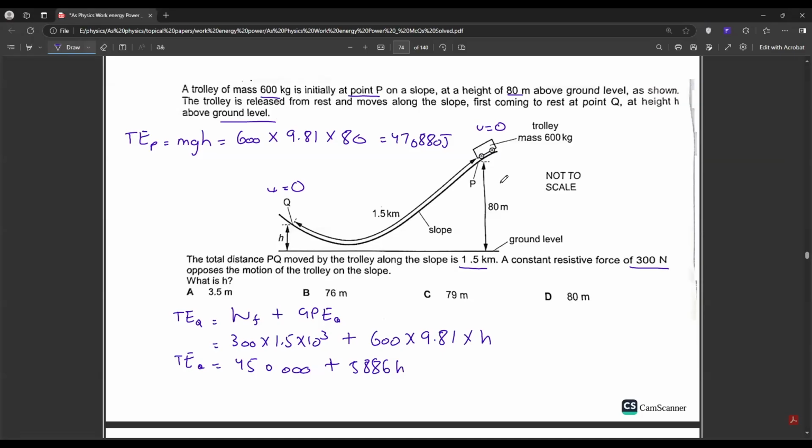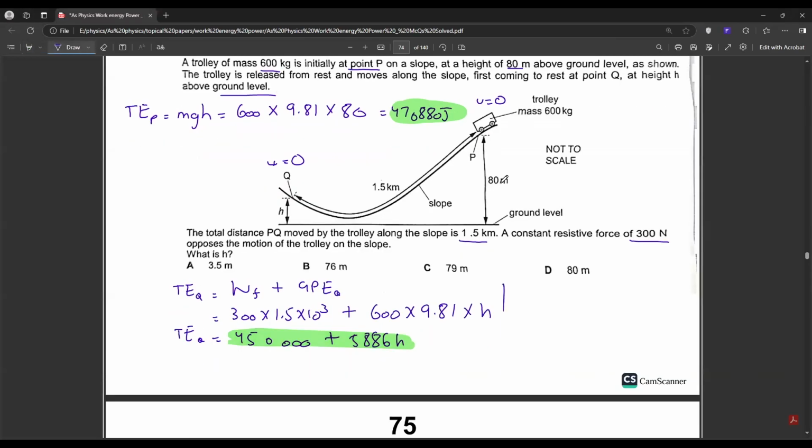Now, according to the law of conservation of energy, the total energy throughout the system remains the same. Both these green values are actually the same. So let's equate both of them. 470,880 is equal to 450,000 plus 5886H.